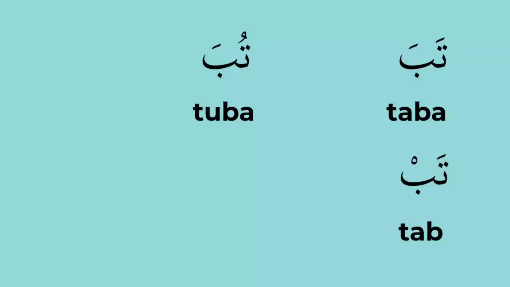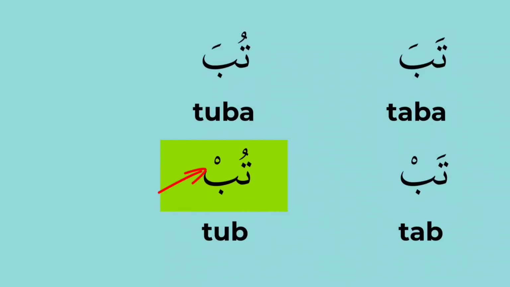Tab. There is no vowel sign on ba. Tab. See how you pronounce ba? Tab. Okay. Now if I say like this, what is now, brothers and sisters? Tub. Here it was tuba, and here it is tub. So there is a sukoon on ba.